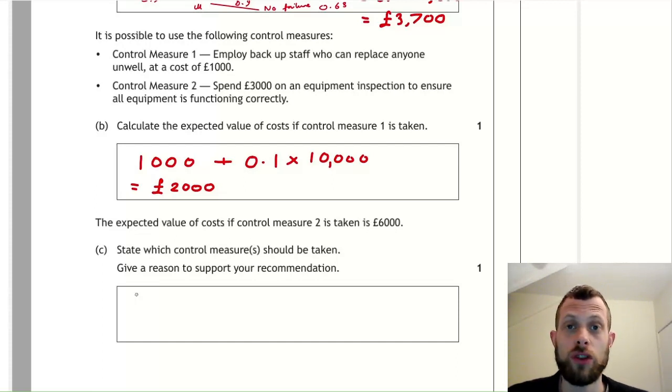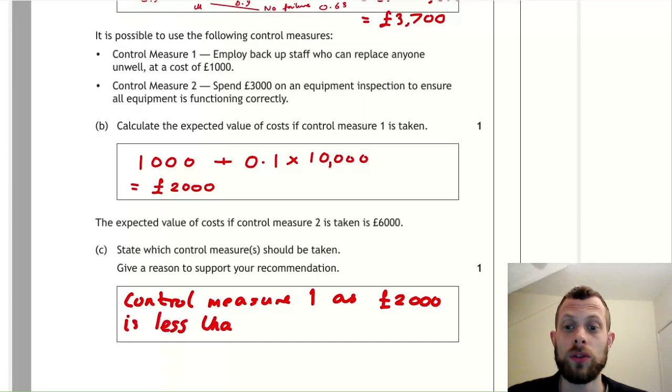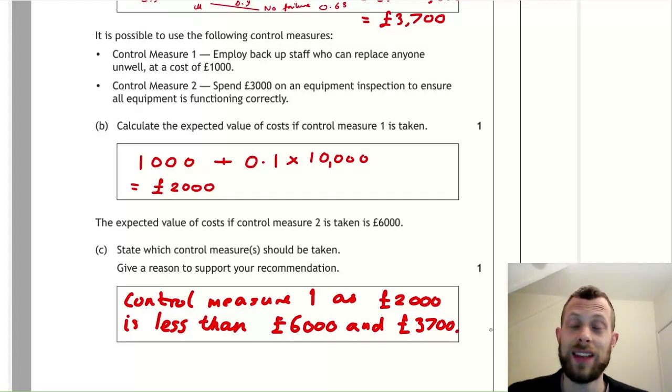So that's for control measure 1. So you would state control measure 1, and that's because the £2,000 is less than £6,000, also less than £3,700 if we didn't take any control measures.